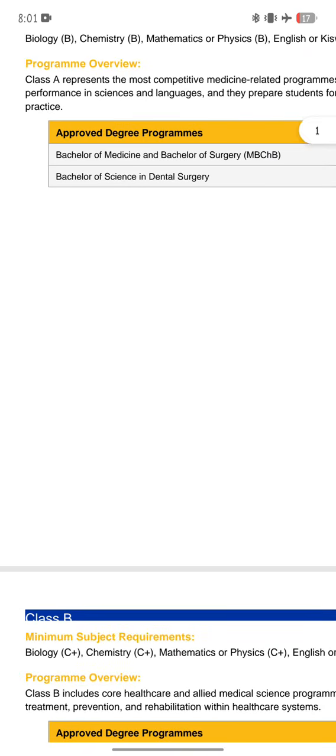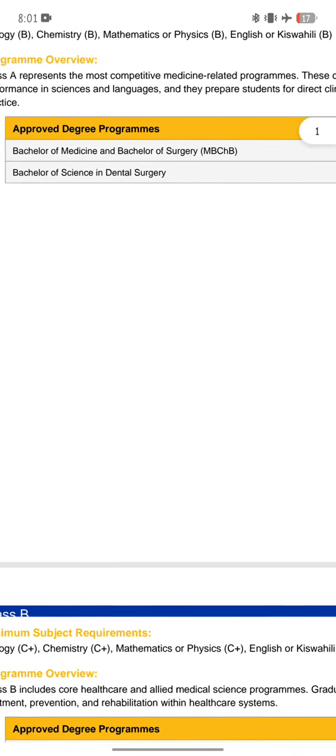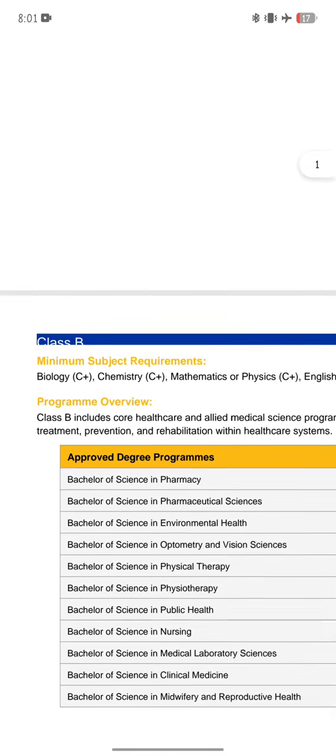Those are the two courses in class A of medicine and related courses, and the subject requirements are biology B plain, chemistry B plain, mathematics or physics B plain, English or Kiswahili B plain. We have class B.